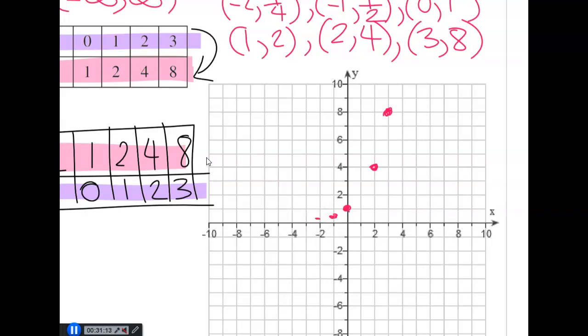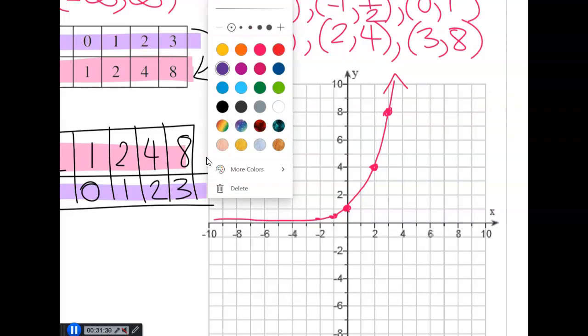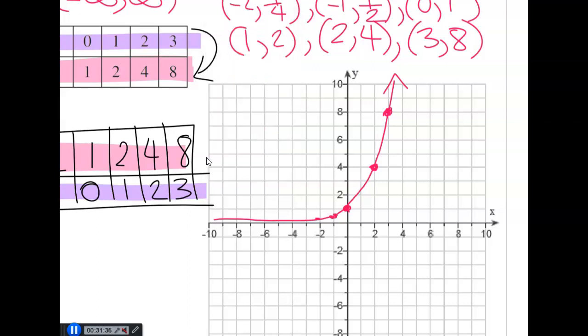And remember how they have that smooth curve, okay? And also, we are going to have that horizontal asymptote here.